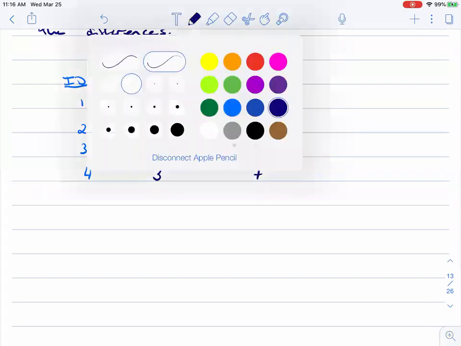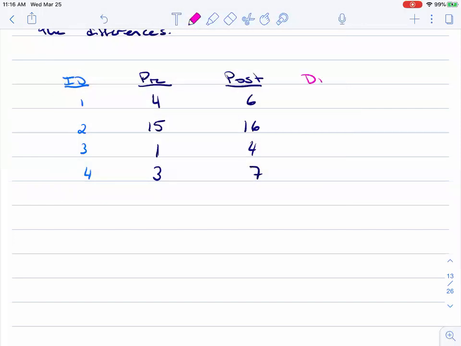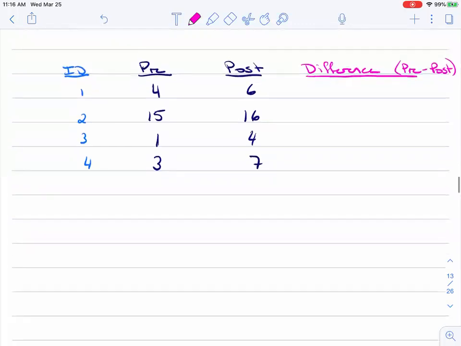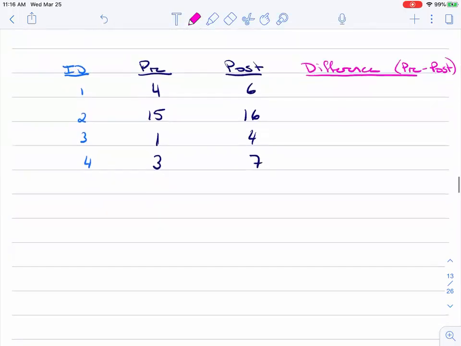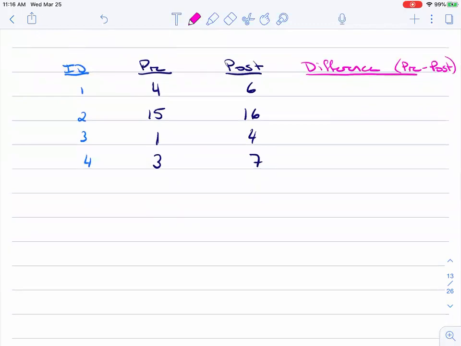And so what we do is we calculate the difference. And it doesn't actually matter which order you calculate the difference in. Let's do pre minus post because it's easier to see. So 4 minus 6. Okay, fine, whatever. Why am I hesitating? Any takers?